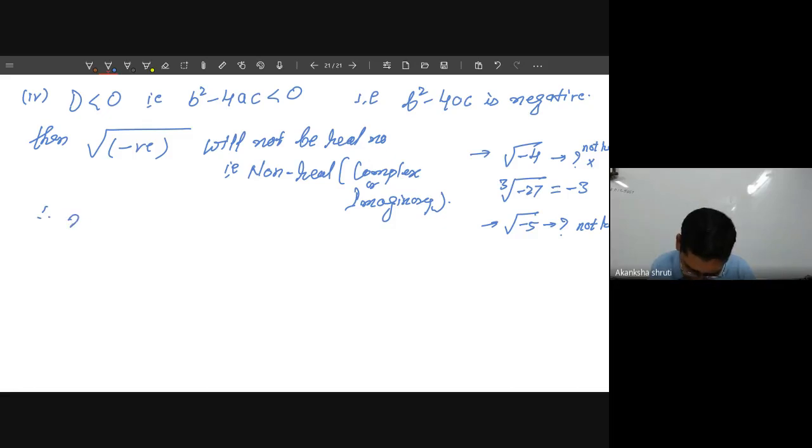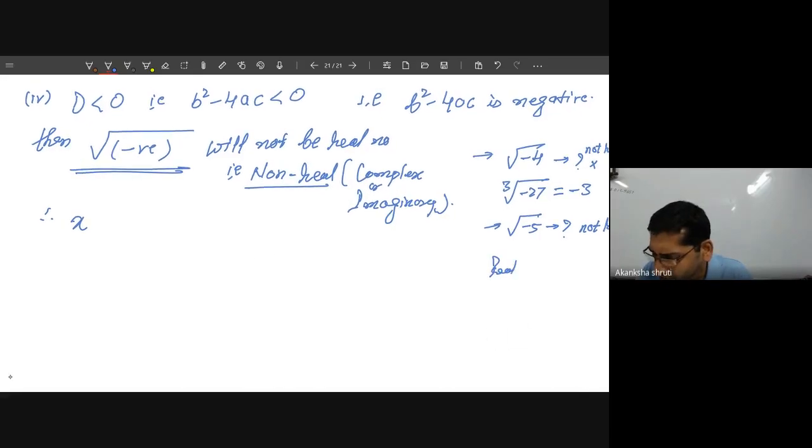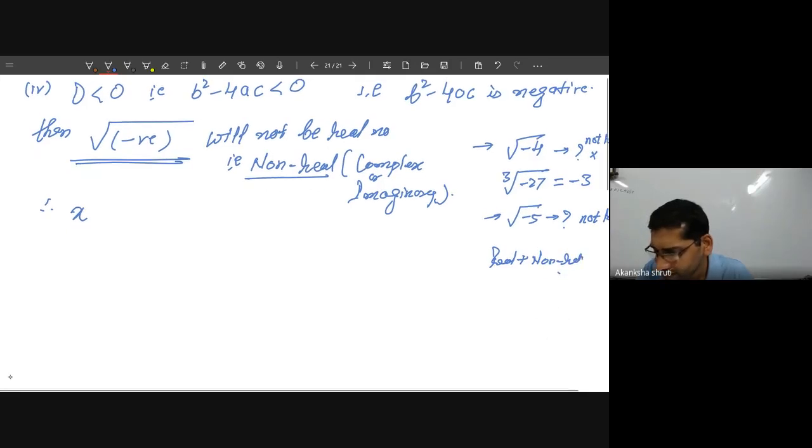Therefore, what is the value of x? This was the under root of d that we have observed. It is non-real. So anything real plus non-real, you will get as a non-real number only, like rational plus irrational always gives irrational. Okay.